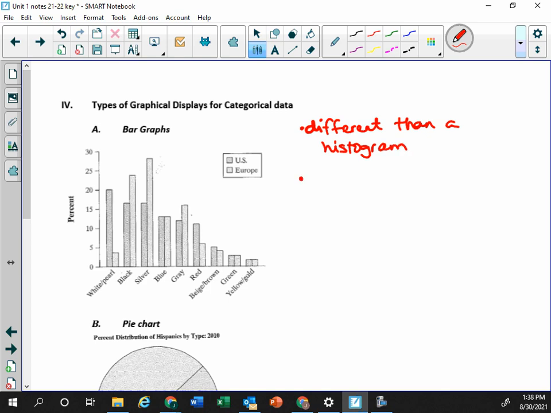If you're creating a bar graph, you'll always want to leave space between the bars. This is for categorical variables, and so you're always going to find your categories on the x-axis.